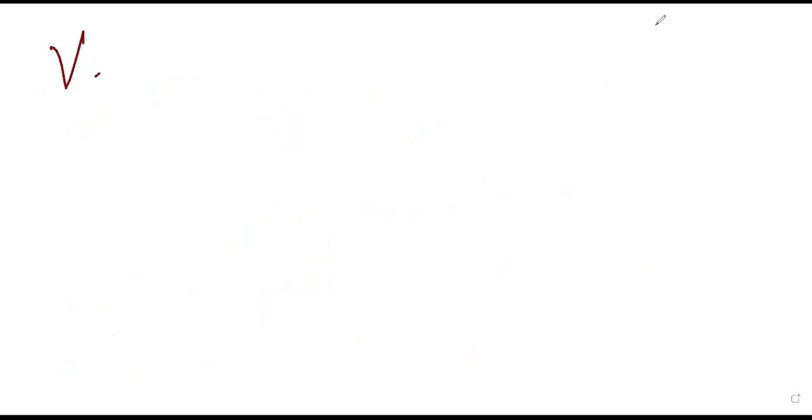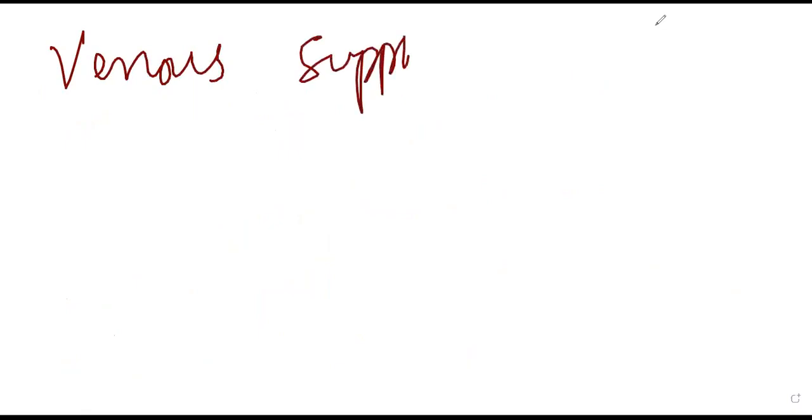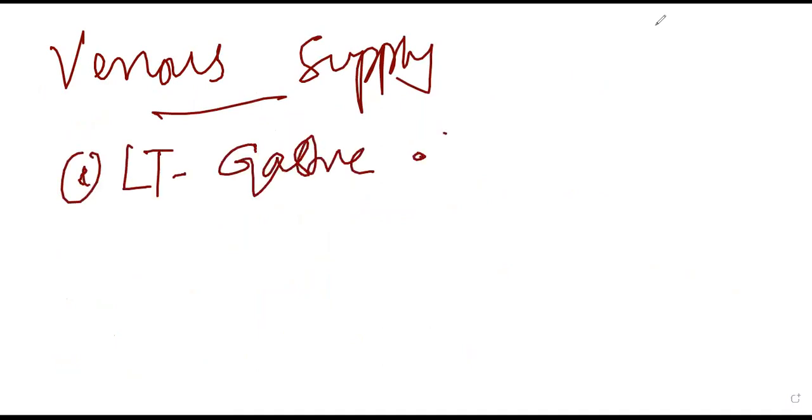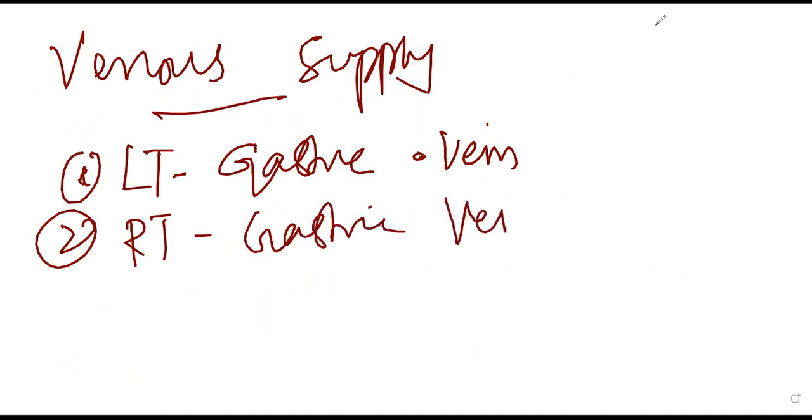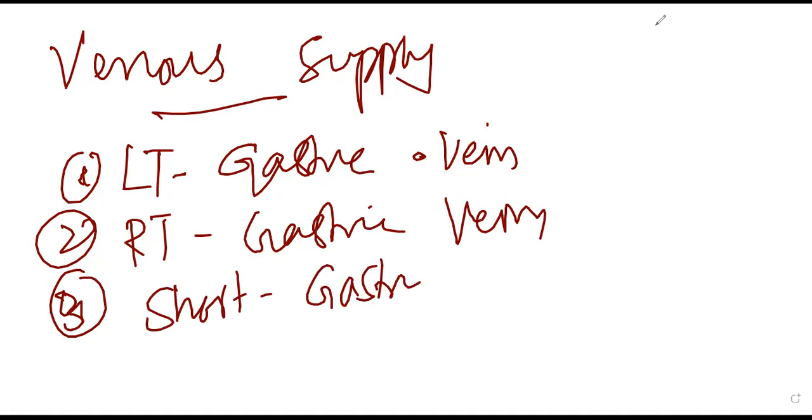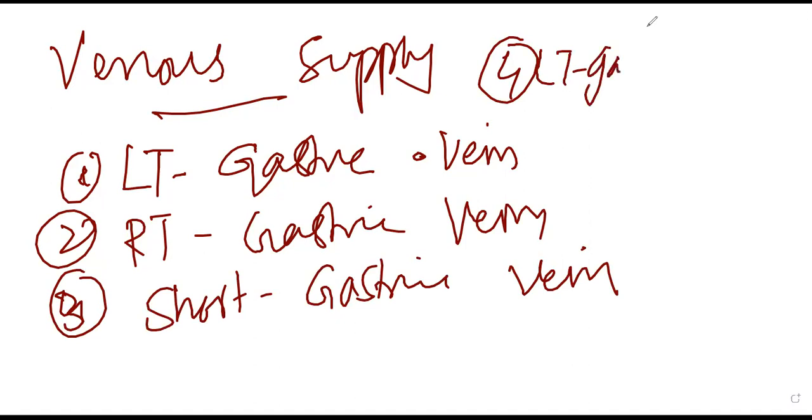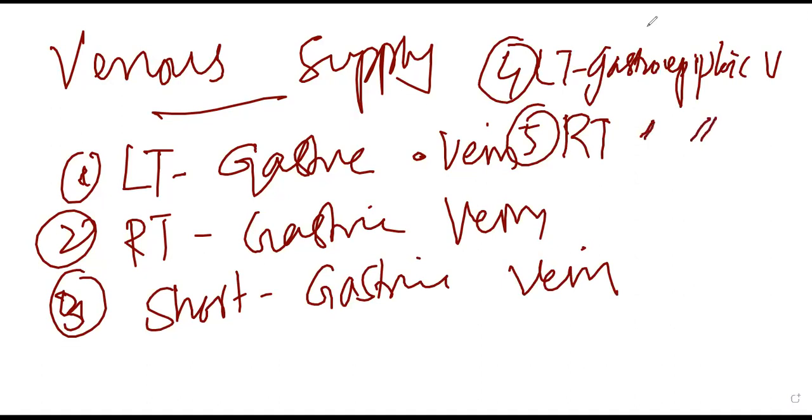Now comes to the venous supply. So left gastric vein, right gastric vein, short gastric vein, the left gastroepiploic vein, and fifth one is the right gastroepiploic vein.